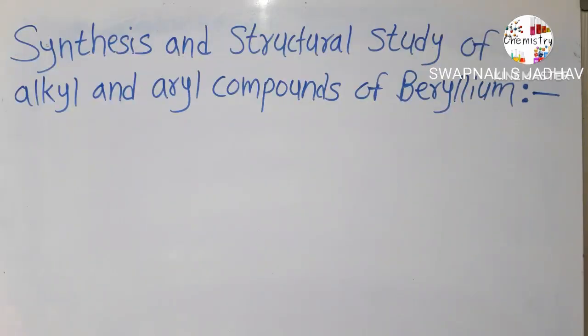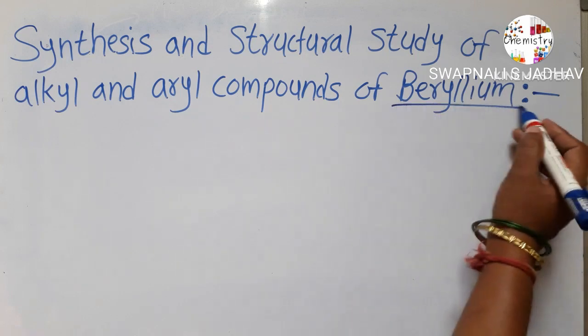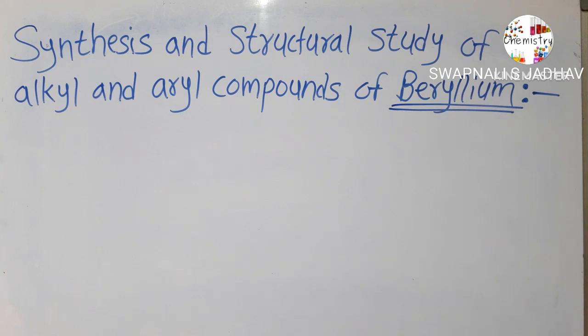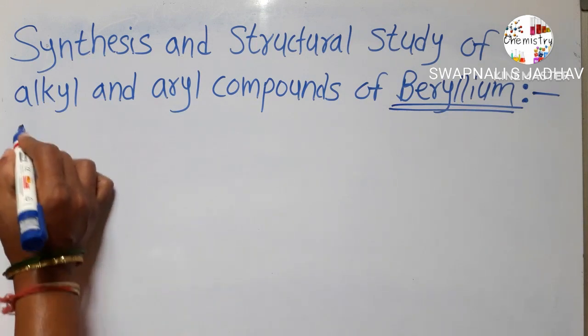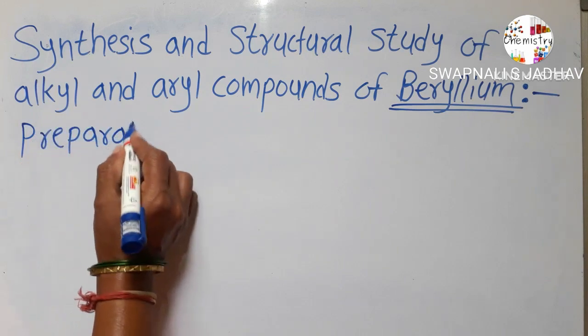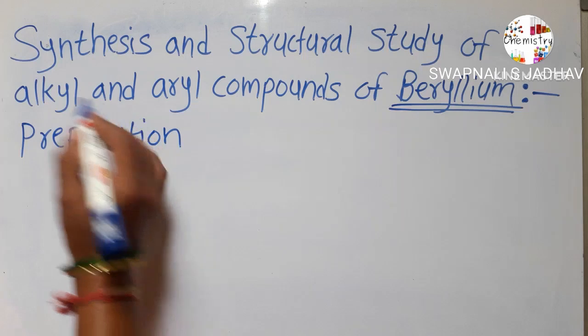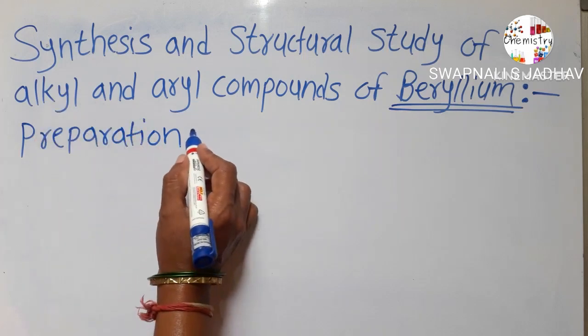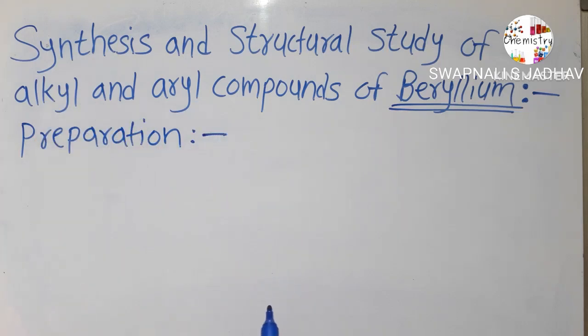Next point is synthesis and structural study of alkyl and aryl compounds of beryllium. First we see synthesis, that is preparation. There are two methods of preparation for alkyl and aryl compounds of beryllium: transmetallation and metathesis.